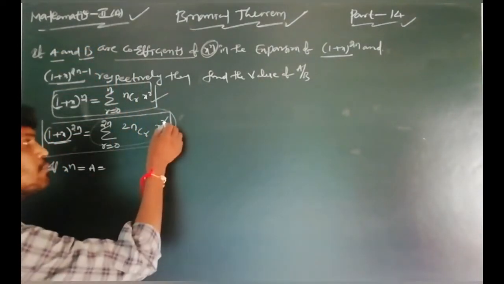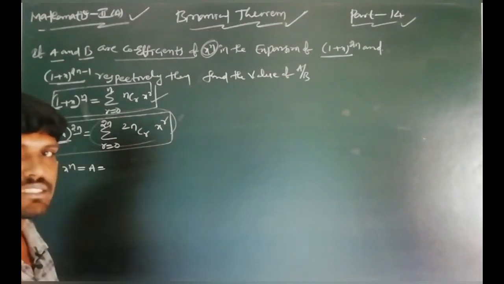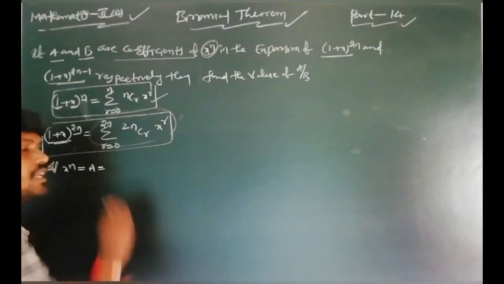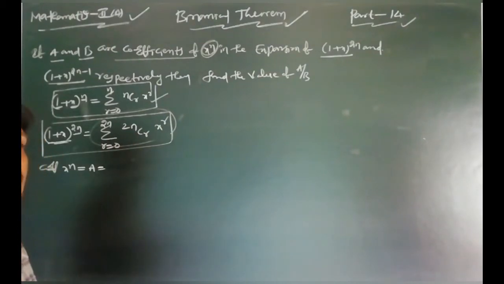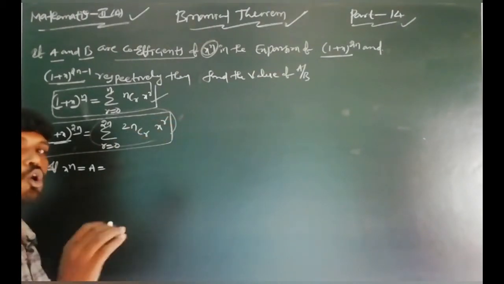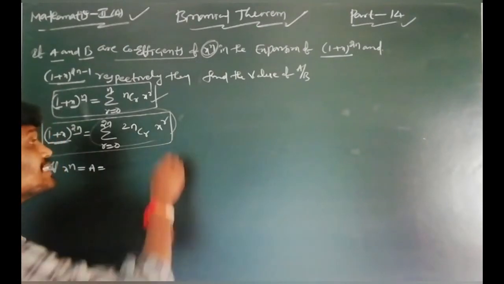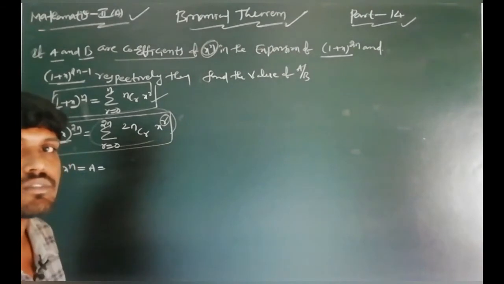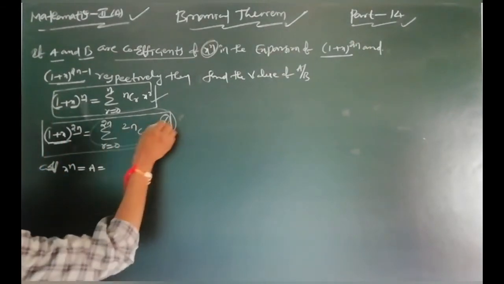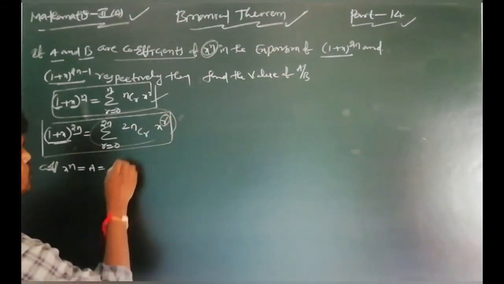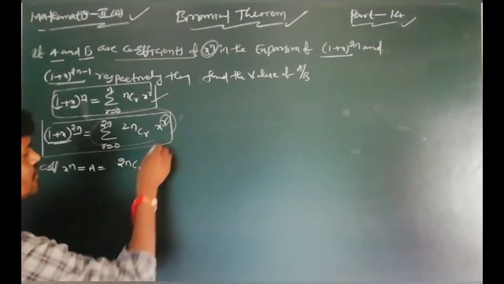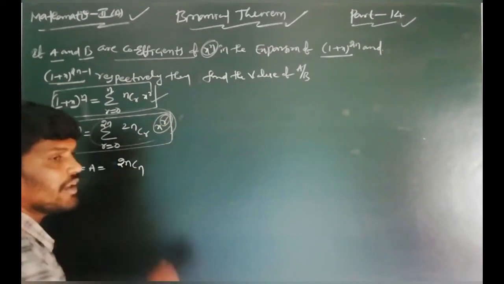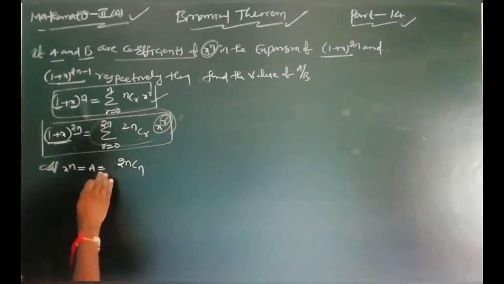In place of r, you can write n: the coefficient of x power n is 2nCn, that is the coefficient of x power n. This is the value of A.